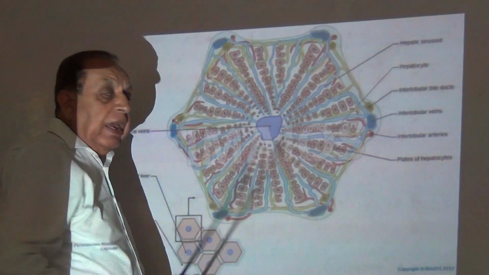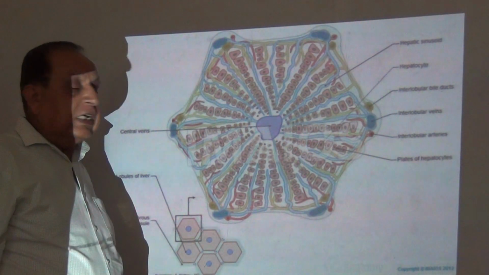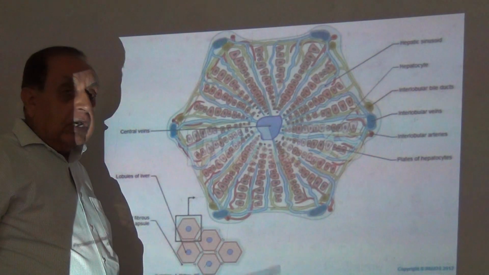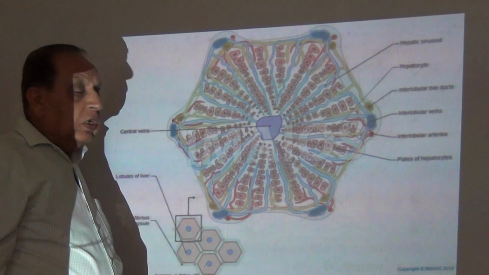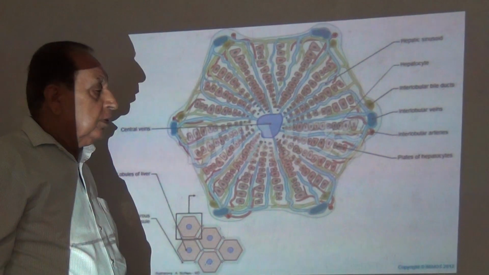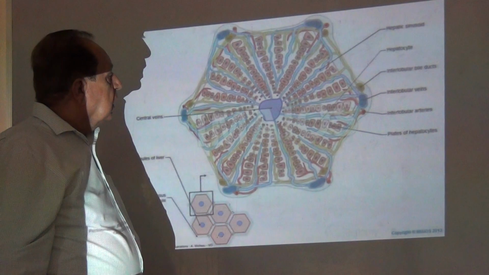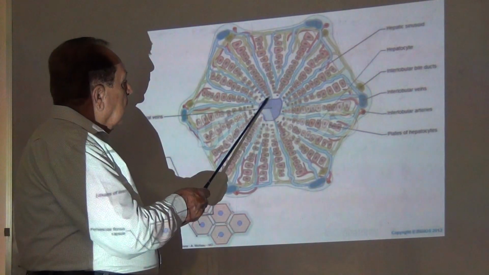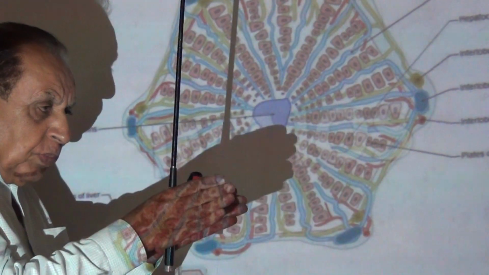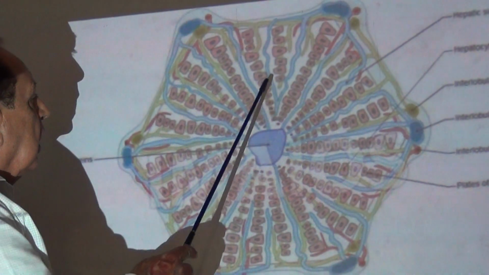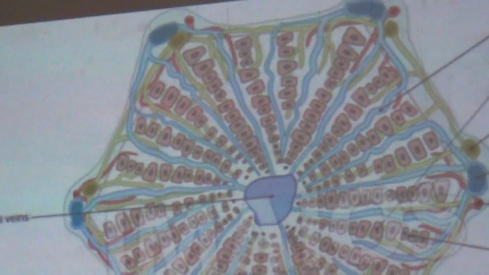Now the hepatic cells have a nucleus in the center, but about 25% of these liver cells have two nuclei. They are binucleated. Then these cells form cords, and in between these cords are the sinuses called the hepatic sinuses.